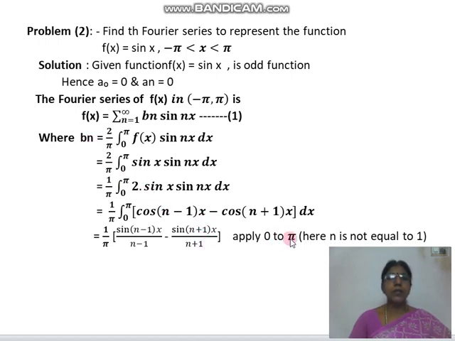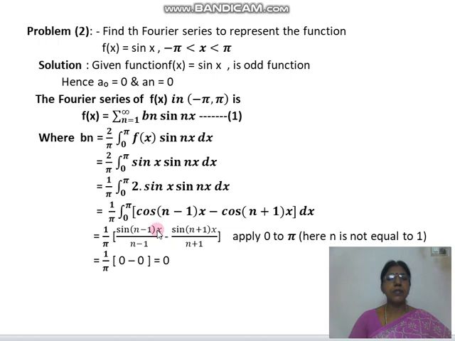Now apply 0 to pi limits. What you get? 1 by pi constant sin n minus 1 pi. n is equal to 2 అనుకోండి, 2 minus 1 అంటే pi. ఏ n వాల్యూ మీరు ఎంత పెట్టినా ఇక్కడ 2 పైయో 3 పైయో 4 పైయో వస్తుంది కాబట్టి sin ఎంత పై అయినా సరే 0. So in place of x you put pi, sin pi becomes 0.